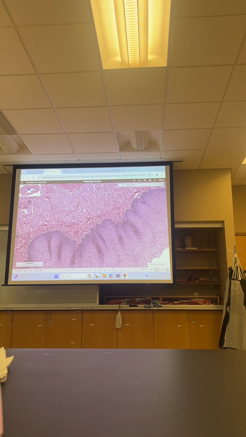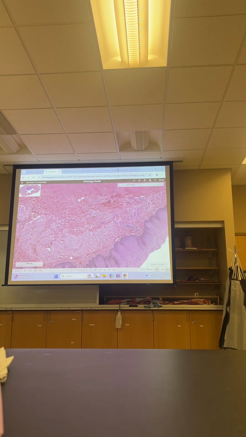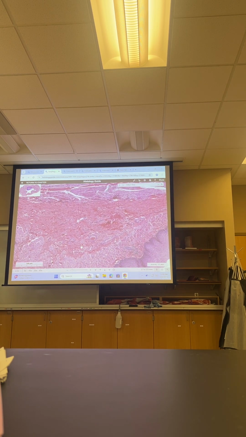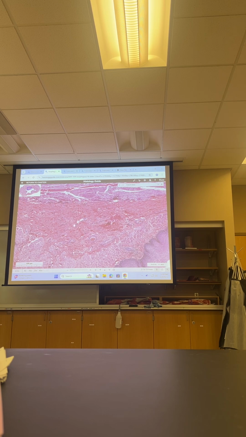All right, so the mucosa is a region, or you could say a layer, and within that layer there's three tissue types: the epithelial tissue, the lamina propria, and the muscularis mucosa. Then below the muscularis mucosa is another layer of connective tissue.